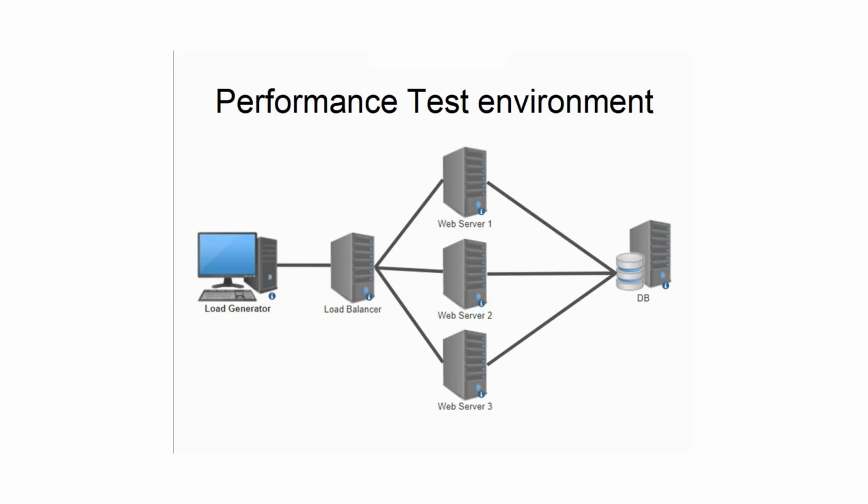And this is a typical diagram of a performance test environment. On the left side we have a load generator. This is the test engineer's computer, where the test engineer generates requests by using, for example, a tool like JMeter or LoadRunner or any other tool to generate requests to the test server.